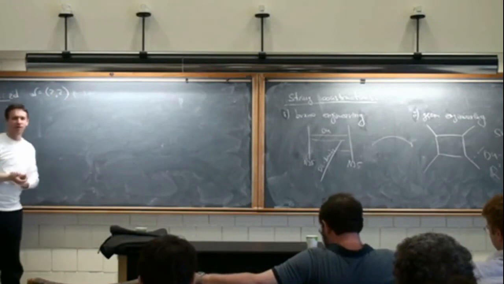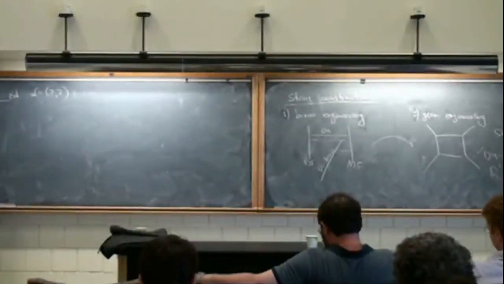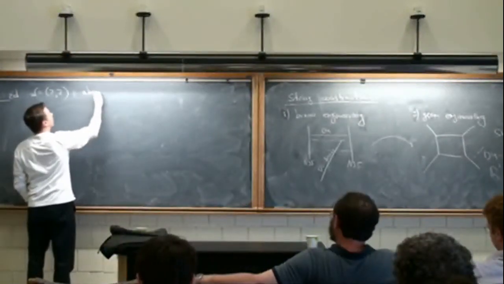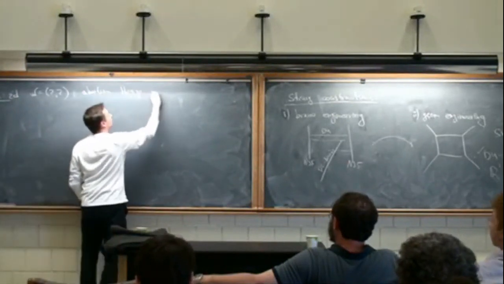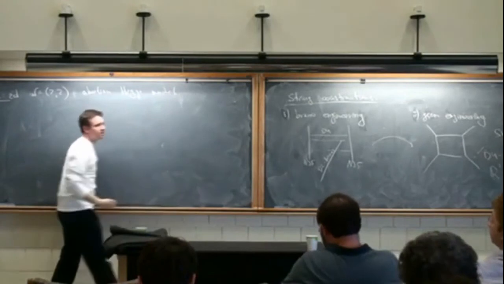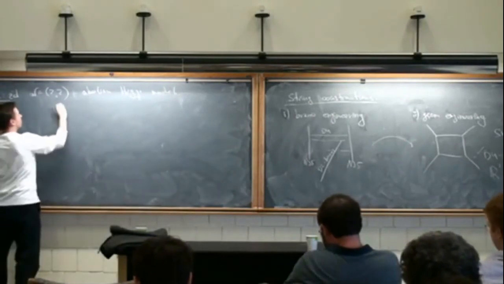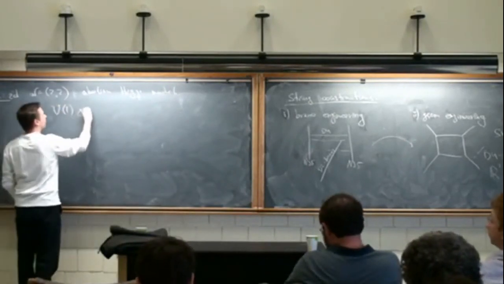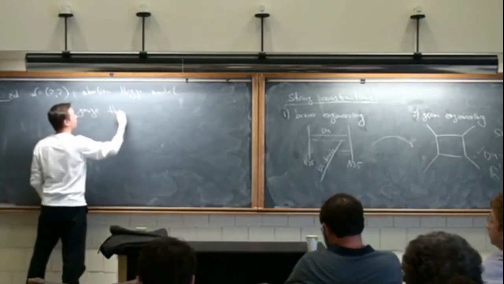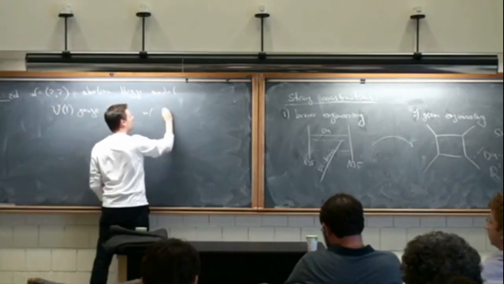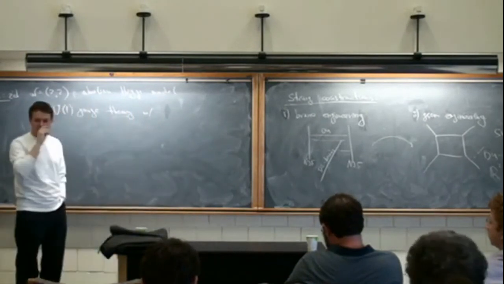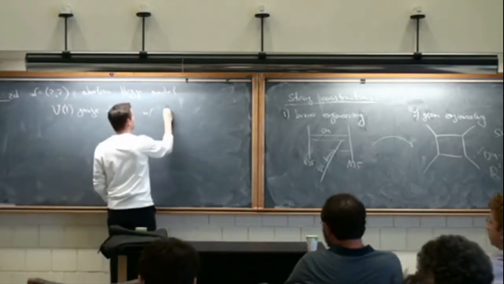This is where we start studying vortices from the textbook. This is U(1) gauge theory and one charged chiral superfield.